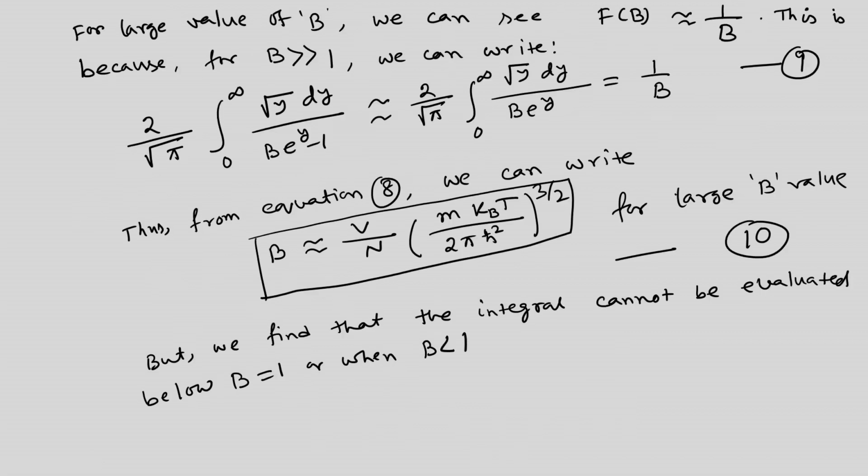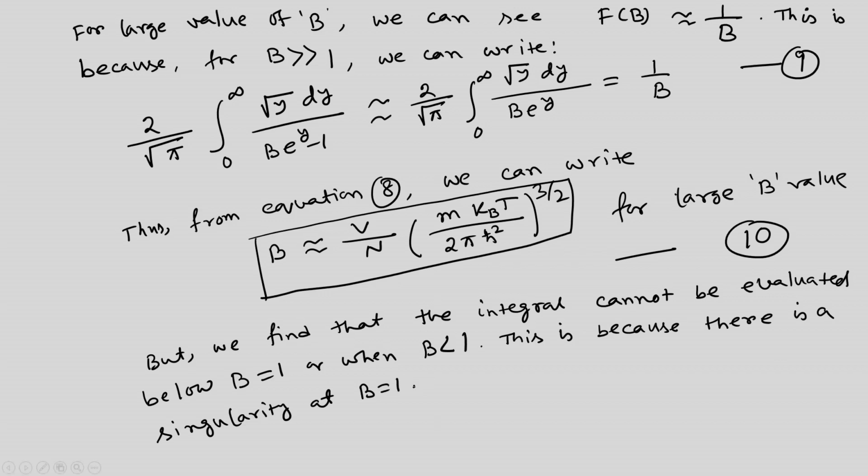This is because there is a singularity at b equals 1.